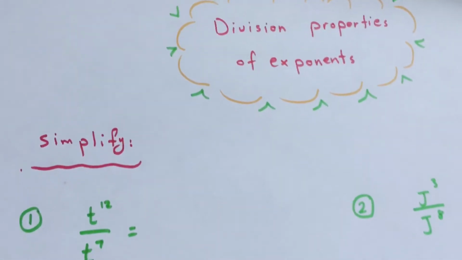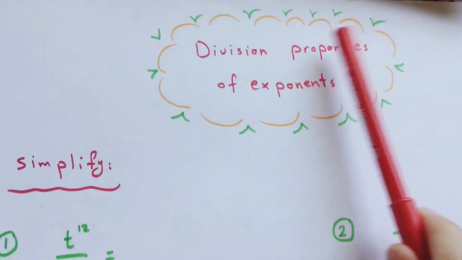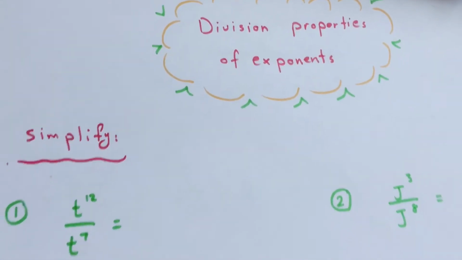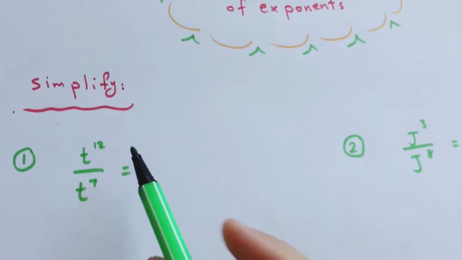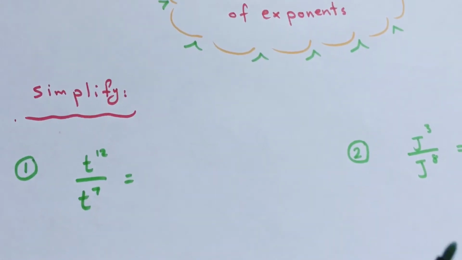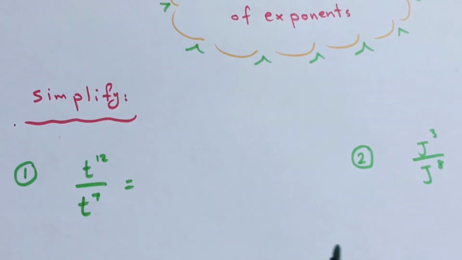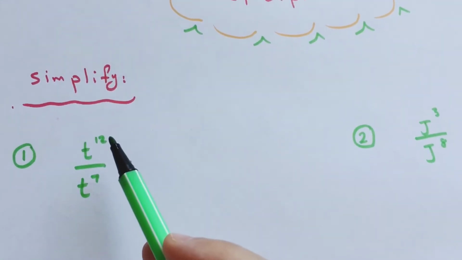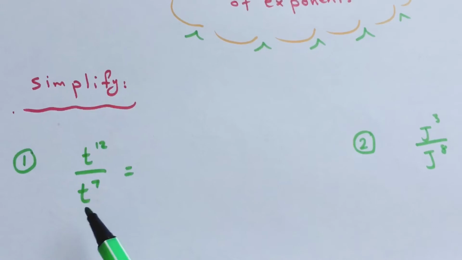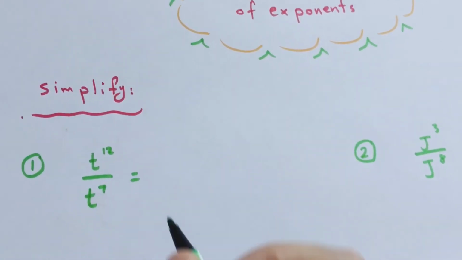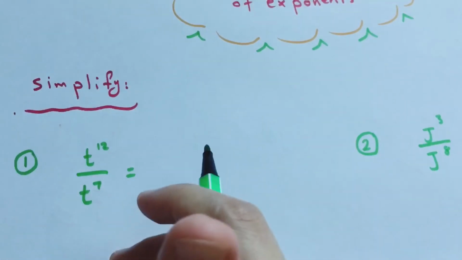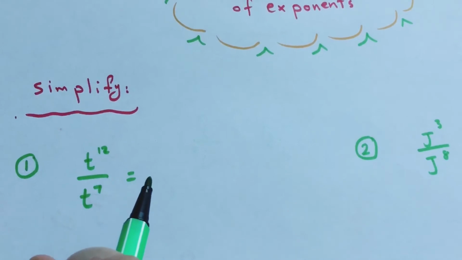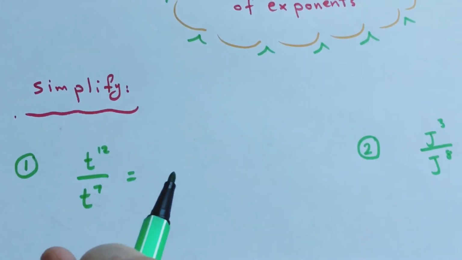Okay, let's start. So again, division properties of exponents. Simplify means I want to make it the simplest form. So it will be 12 t to the power of 12 over t to the power of 7. Now in multiplication we said that if we have the same base, then I'm going to add the exponents.